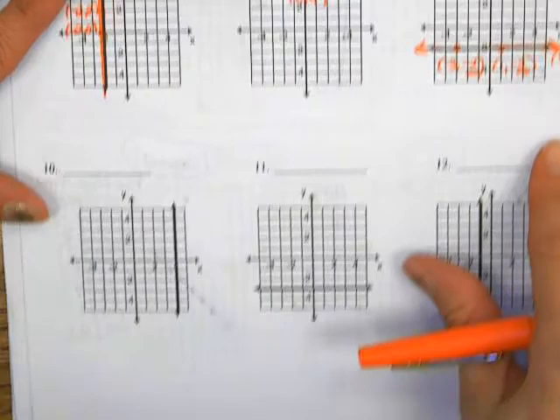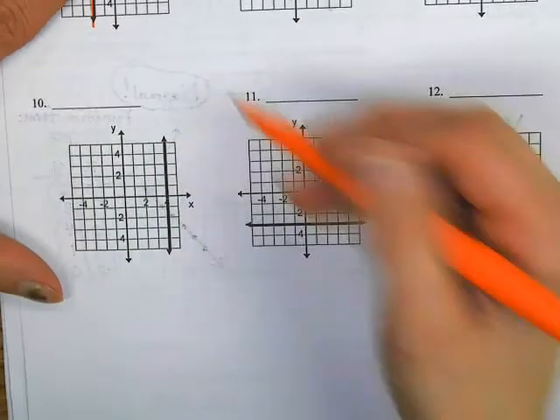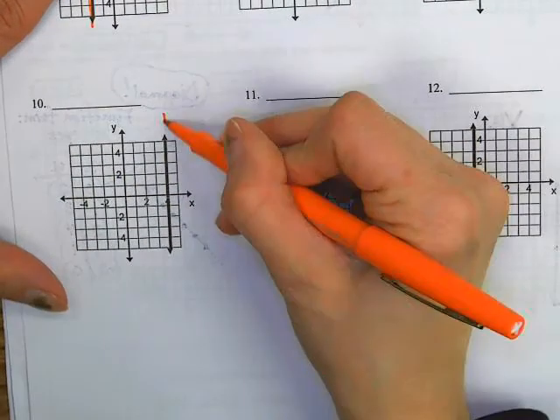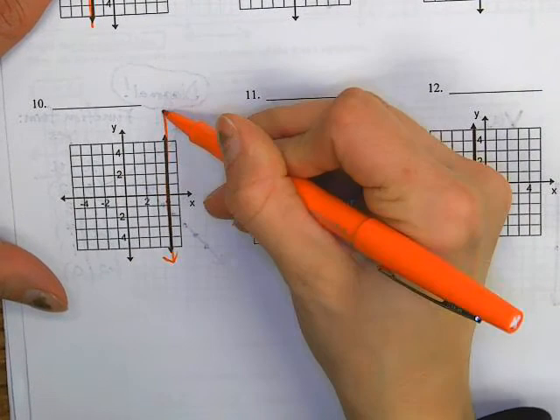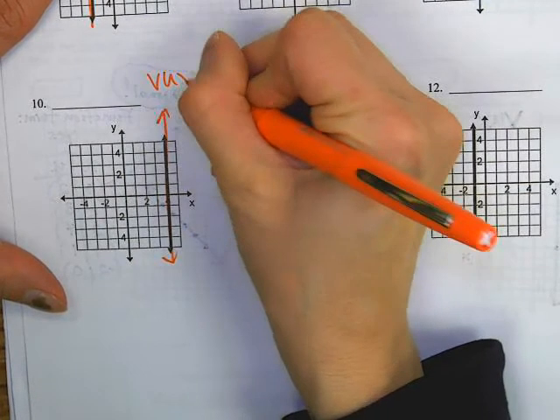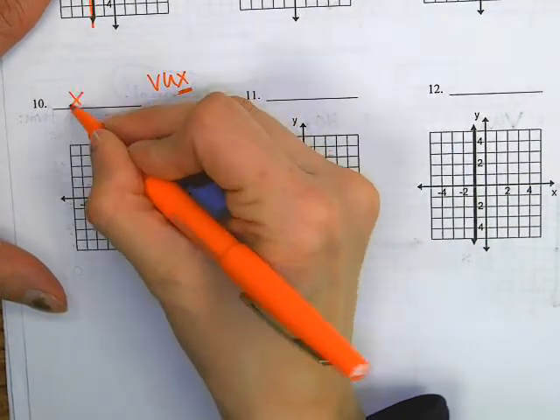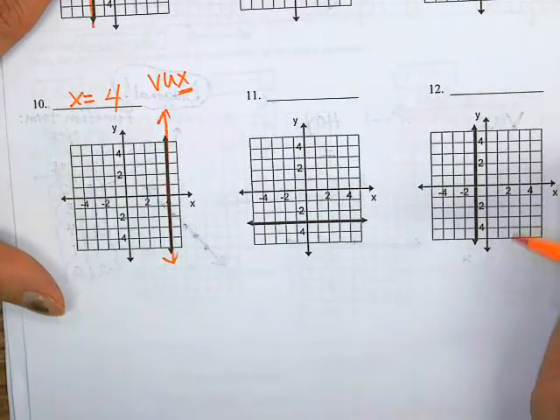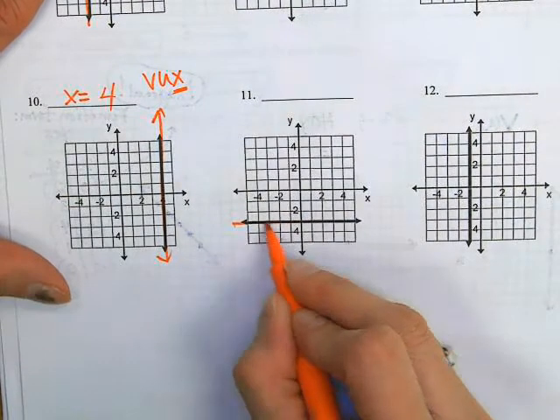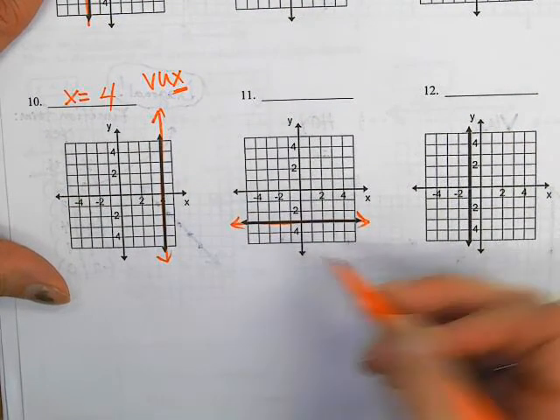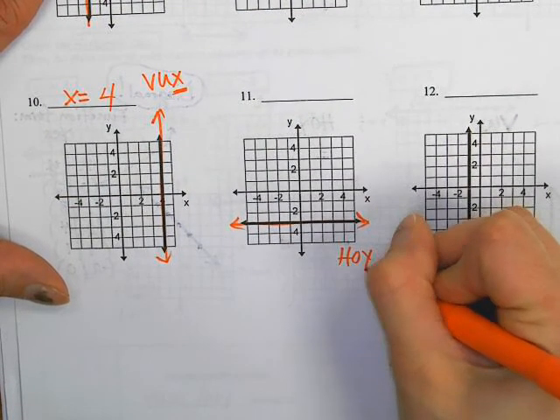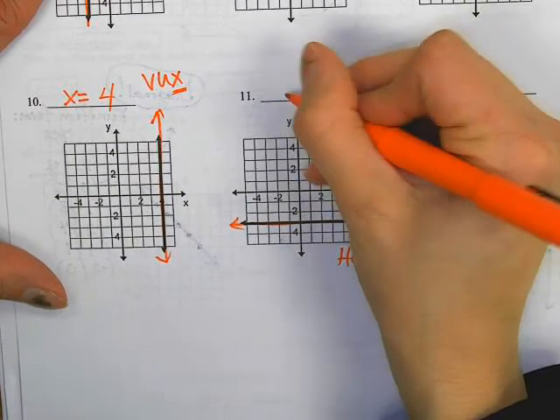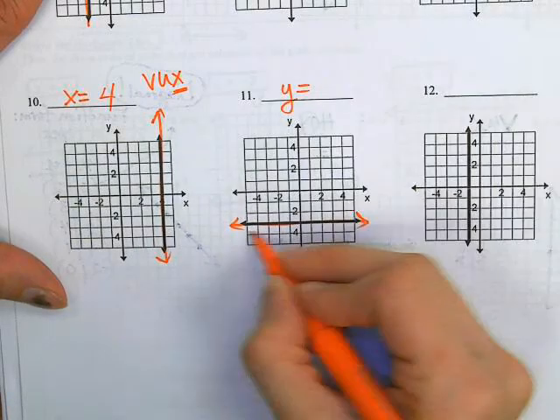Number 10. Let's try to do this just by looking at Vux Hoy. This is vertical. Vertical is Vux. So the equation is x equals, what's the x number? 4. This is a horizontal line. Horizontal is Hoy. This is going to be y equals, what's the y number?